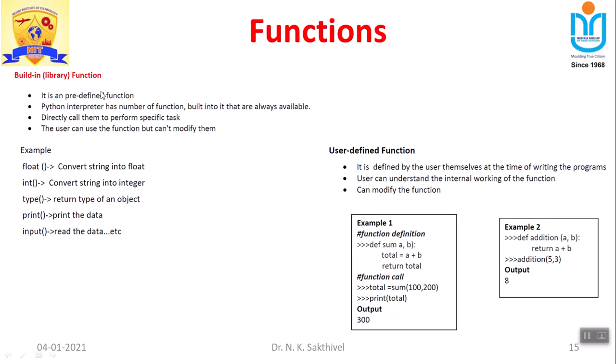One is called a built-in function or built-in library function, like float, integer, type, print and input. That means these functions we as a user cannot create in our project because they are already created, and if you want you can use them. The same name we cannot use to create another function. That is the meaning of built-in function.